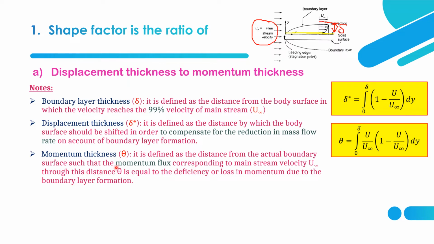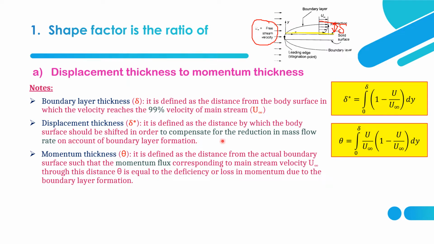Next is the momentum thickness. In the same way, it is defined as the distance from the actual boundary surface such that the momentum flux corresponding to mainstream velocity u infinity through this distance, that is theta, that is nothing but momentum thickness, is equal to the deficiency or loss in momentum due to the boundary layer formation. So there will be three losses.